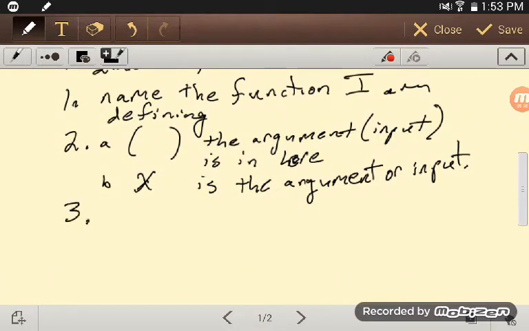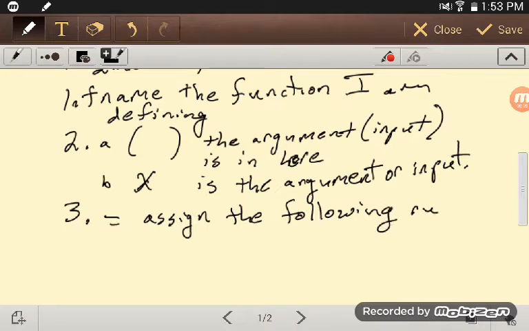Then 3, we had the equal sign. So let me put f up there, name the function, then the parentheses and the x, and then the equal sign is assign the following rule to the function.